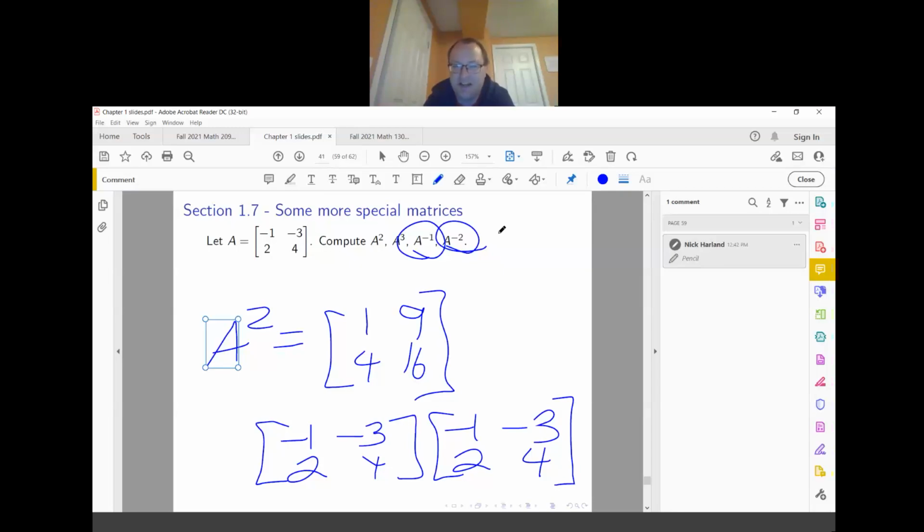Yes, is the appropriate answer to that question. I honestly forget how it's defined because they're both the exact same thing. Okay. So you could do it either way. A to the negative 2 can be thought of as either the inverse of A squared or the square of A inverse. Similar with transpose, it doesn't matter which order you do it.